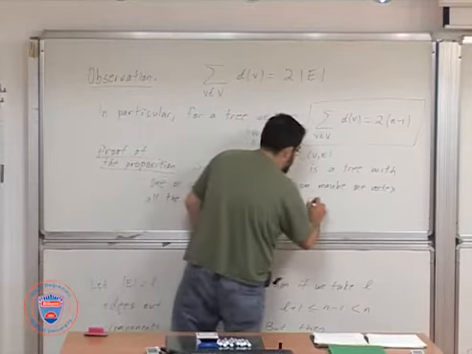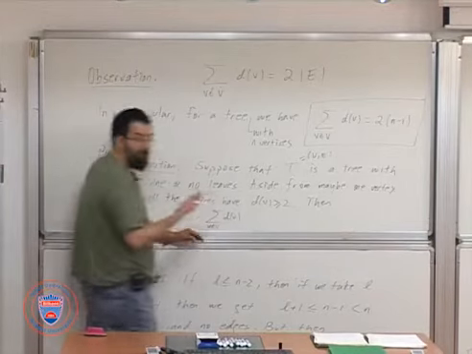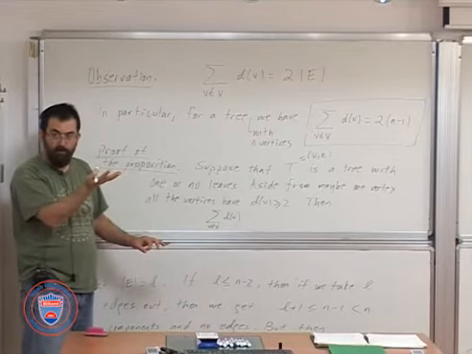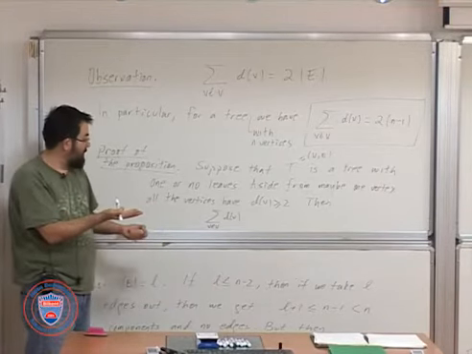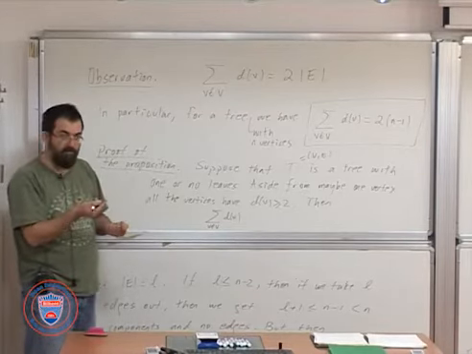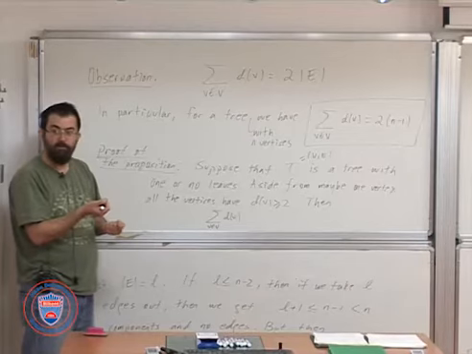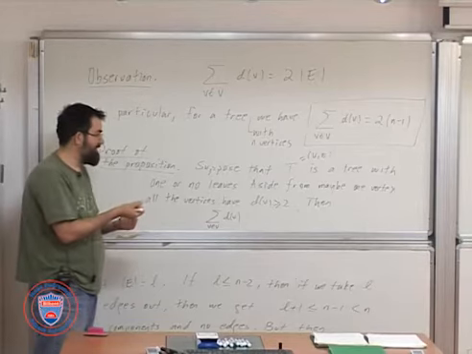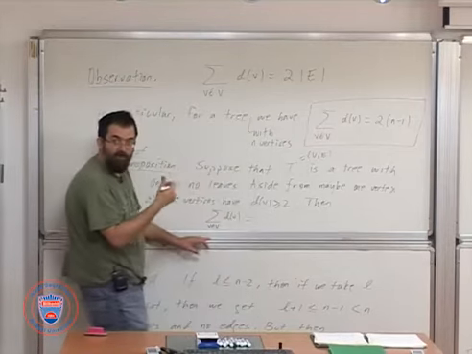Then you could add these things. So when you add all the degrees, what do you expect to get? All of them, except maybe 1, have at least 2.